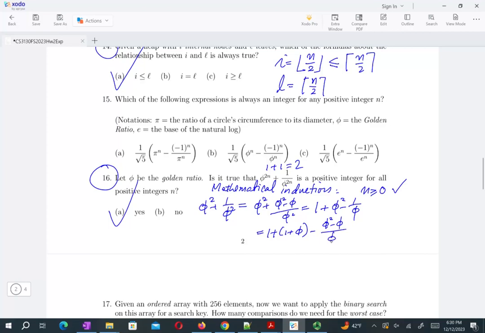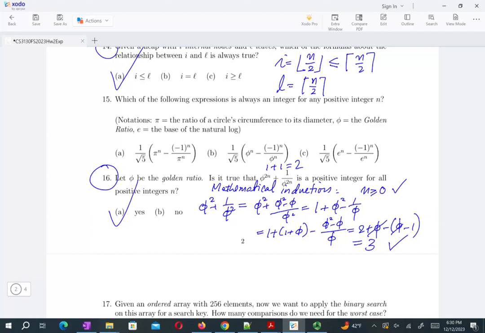Over phi. Okay? So let's simplify it. 2 plus phi minus phi minus 1. After cancellation, we get 3. So that's correct. Okay?